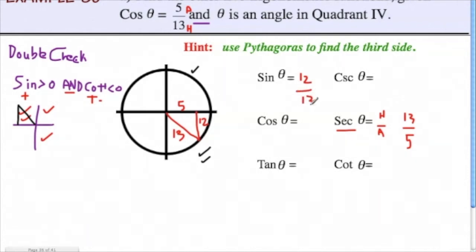Now, which one's positive, which one's negative? If I'm in quadrant 4, remember this is add sugar to coffee, I'm in the C quadrant. So this is positive, so keep that one positive. But this one is negative, so put a negative sign on the numerator. So there's my 2 answers for those.